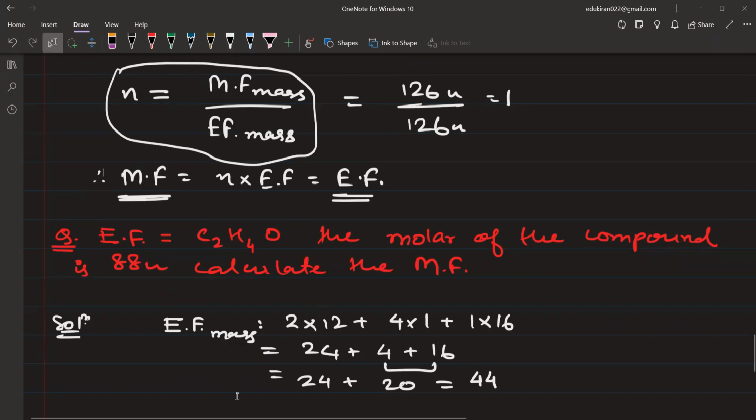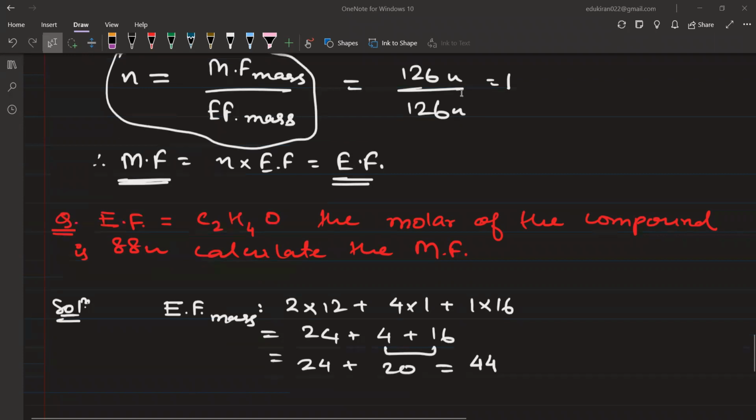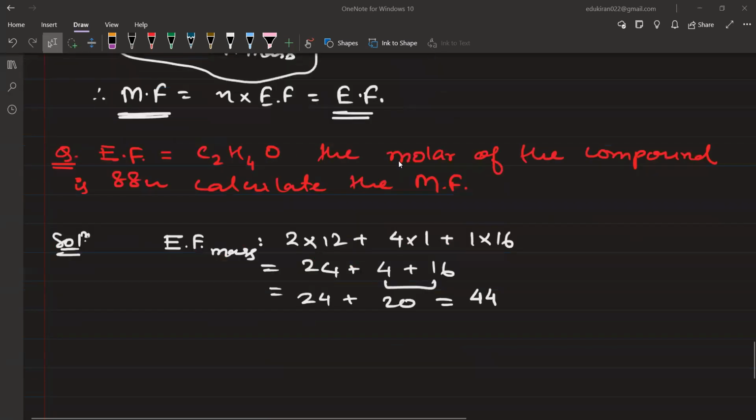What is the n, guys? Two. Sorry Iram, you were too fast today. Okay, n will be equal to 88 divided by 44, which is equal to 2.